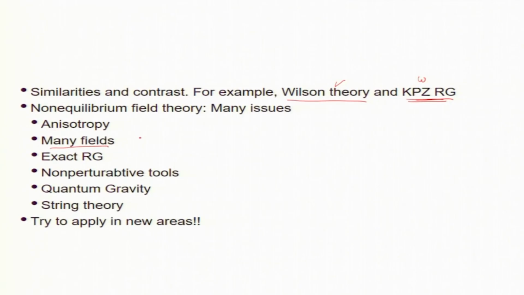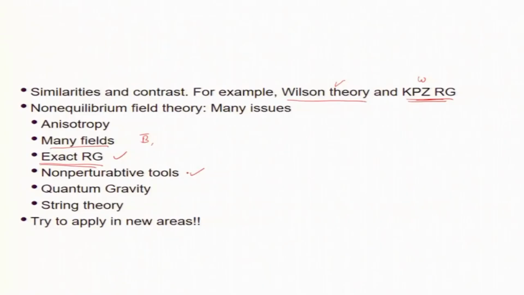Many fields, like MHD with a magnetic field, or polymers, make a problem. Now, there is a new direction called exact renormalization group, exact RG. We did not do it, but this is another area. Non-perturbative tools, in fact, are connected. I did not do that in the class, and these are things which we did not even touch upon: quantum gravity and string theory.